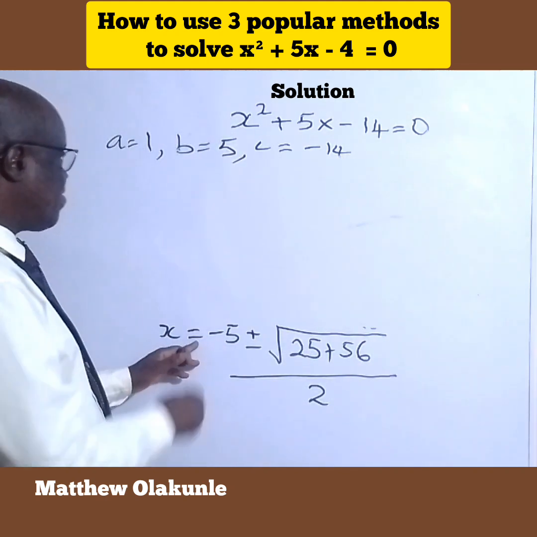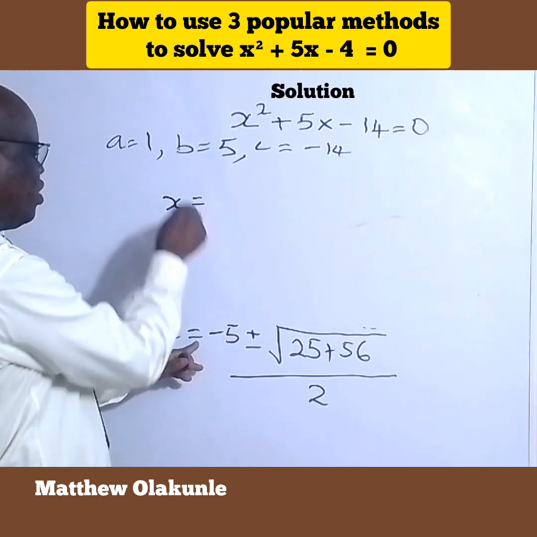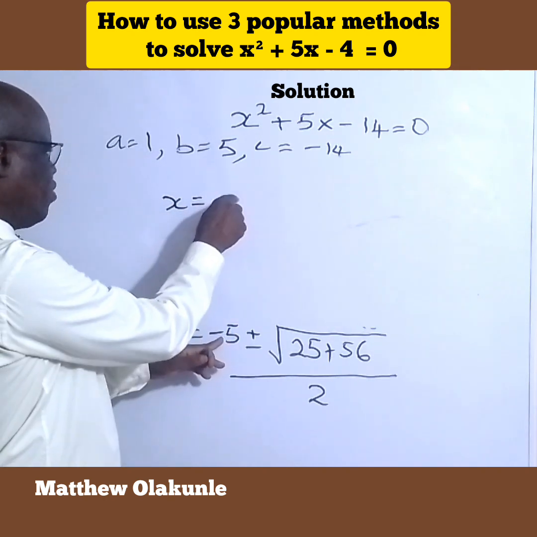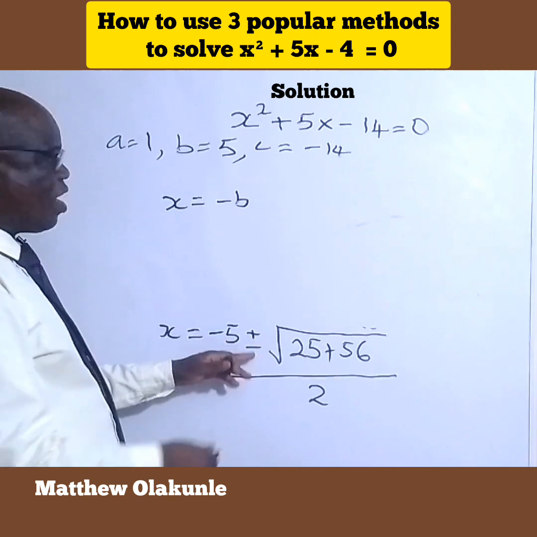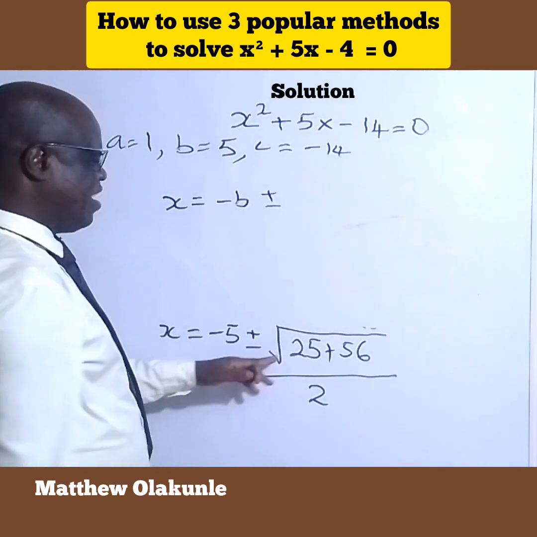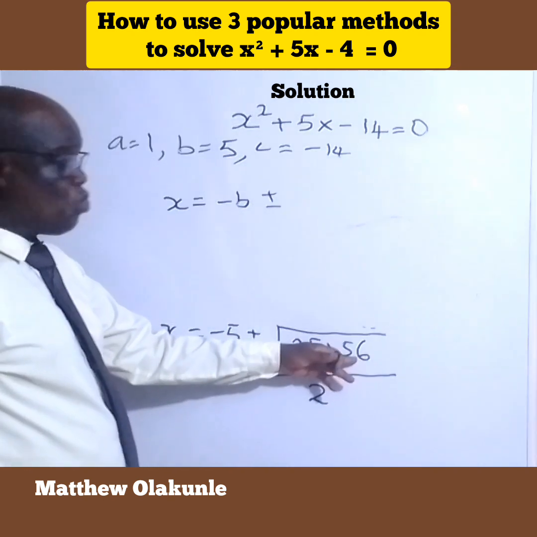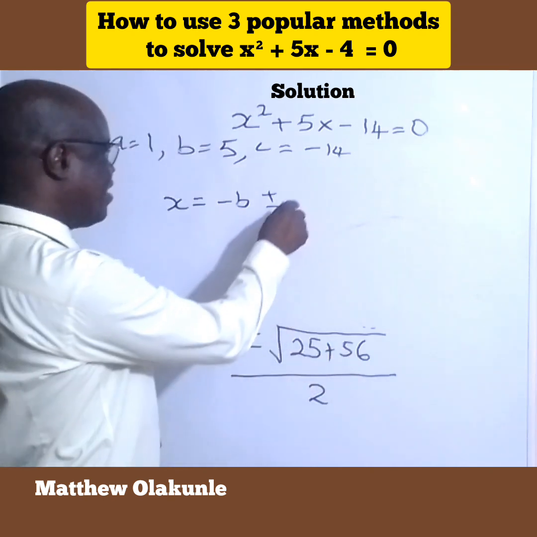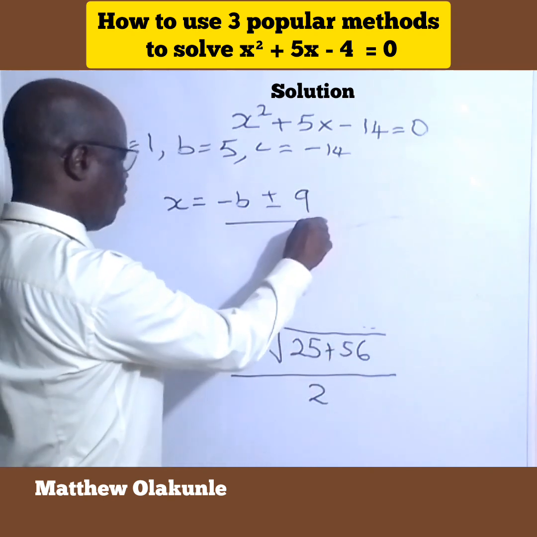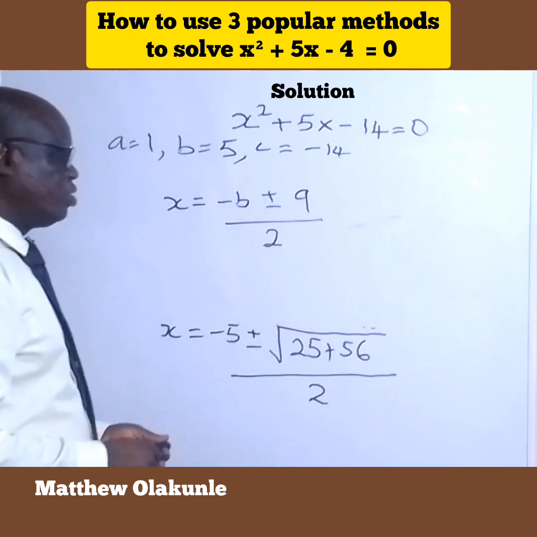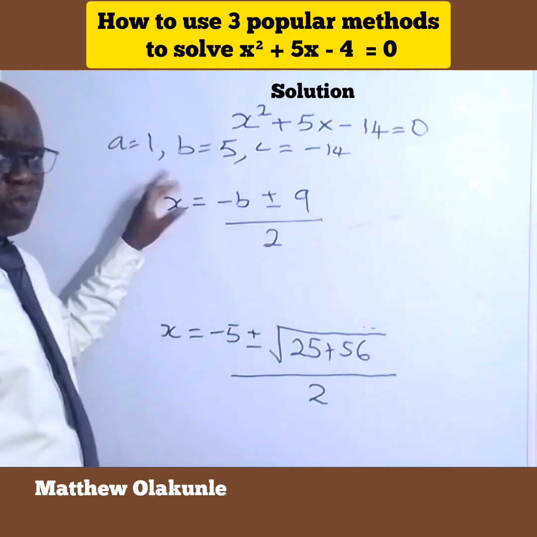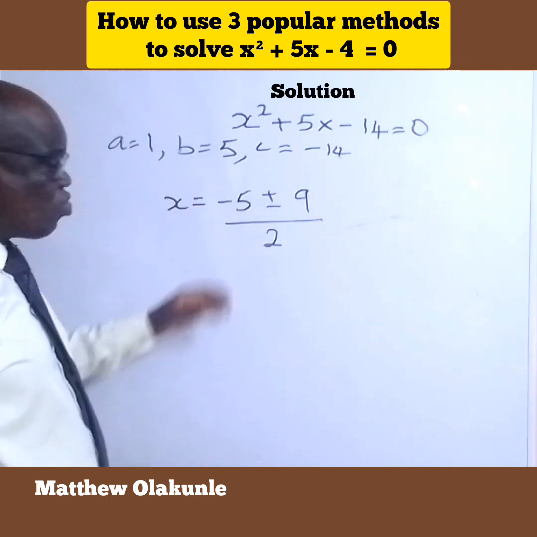You have your x equal to minus 5 plus and minus. This is 25 plus 56 is 81. Square root of 81 is 9. All over 2. So this will lead us to two solutions.